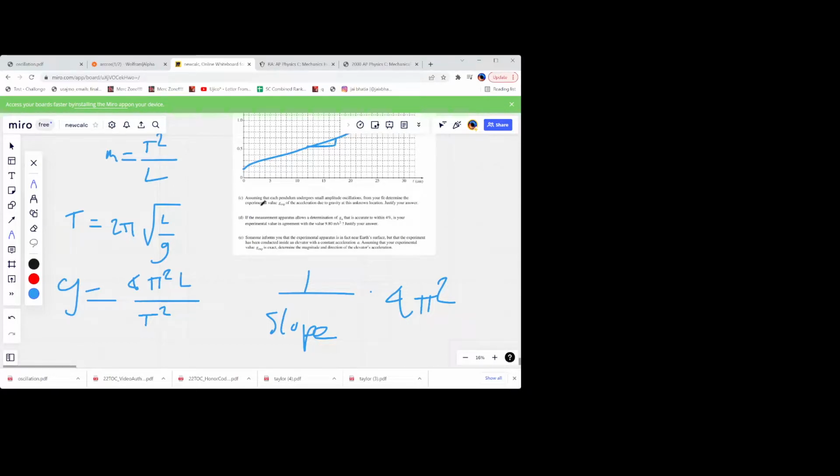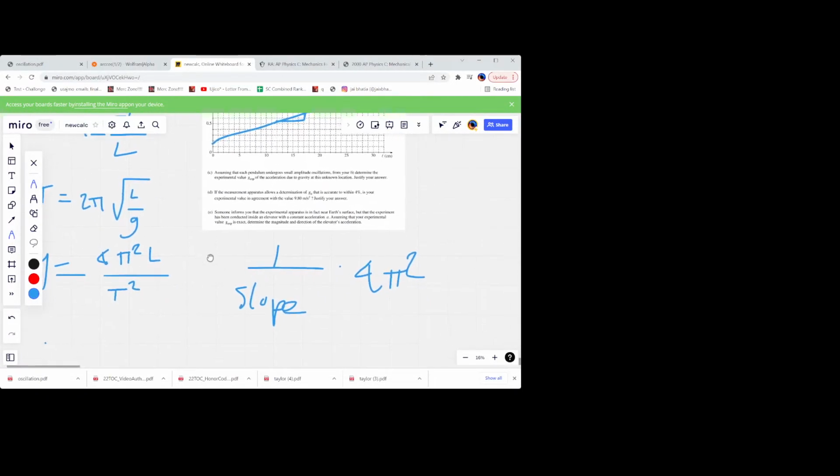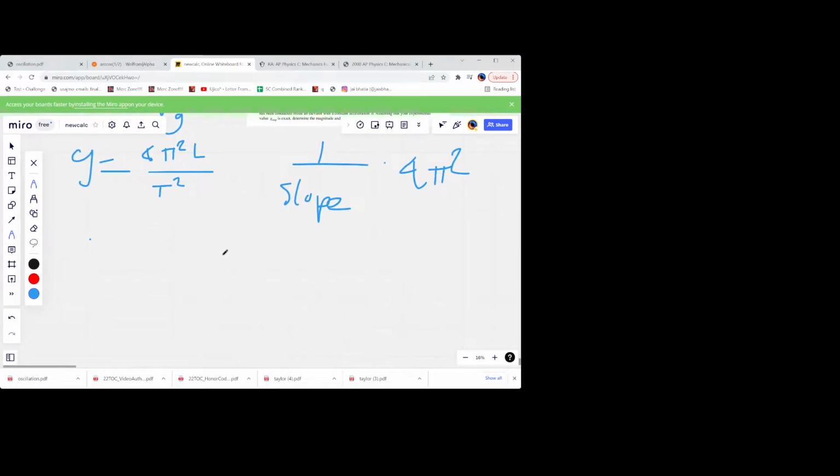If the measurement apparatus allows a determination of g that is accurate to within 4%, is your experimental value in agreement? Okay, so what we need to do is error analysis. So assuming that I knew our quantity here, 4 pi squared over the slope, let's just call this slope S, right? Okay.